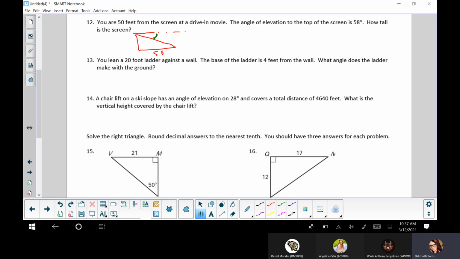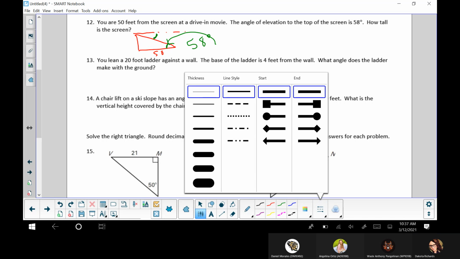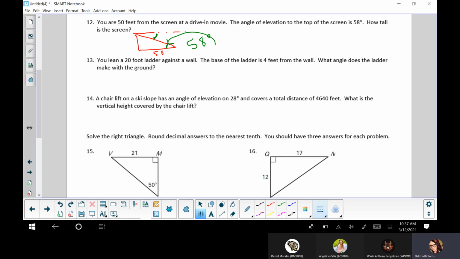So that's the angle of elevation. It's also right here. So that angle was 58 degrees. Okay, and then your question says, how tall is the screen? So this would be your X. That's what you're trying to find.